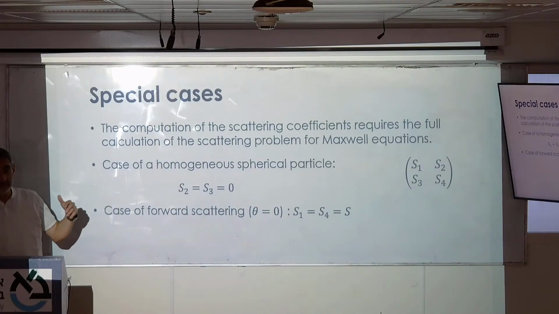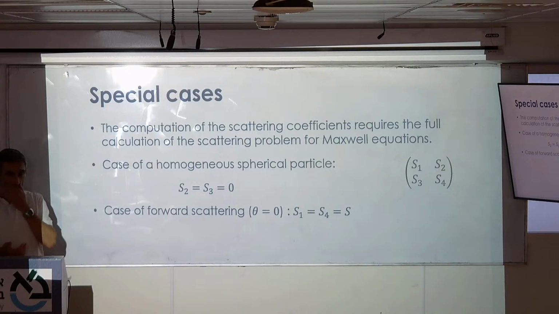That means that whatever the basis I'm using, parallel, orthogonal, or circular, this is the tensor S, the scattering amplitude. When I write it as a matrix, it can be different if you use one basis or another basis. The tensor doesn't change. The tensor is the same tensor. The matrix can be different. That's the way you write it.